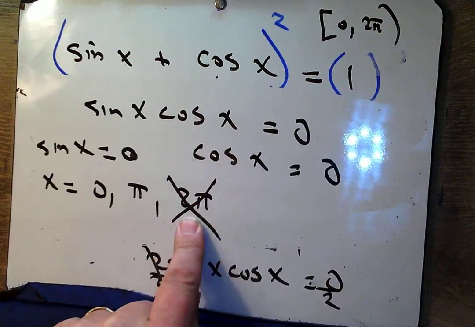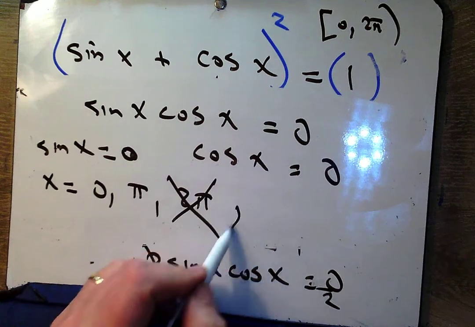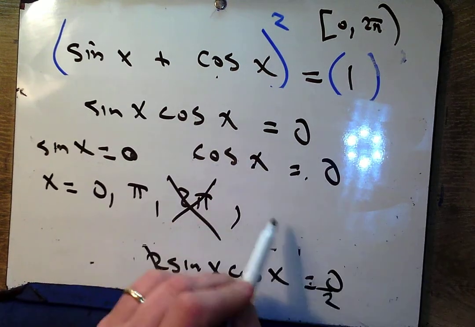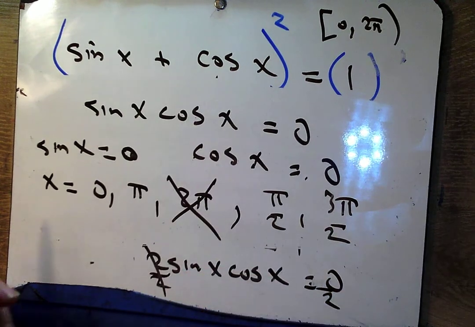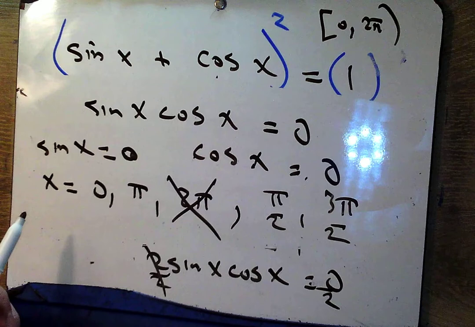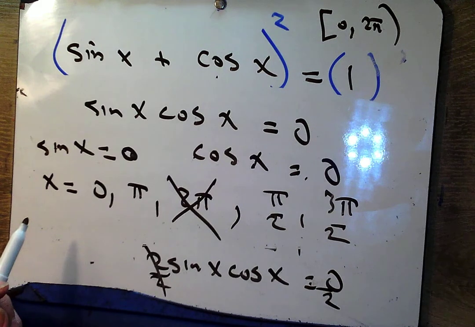If you write that 2 pi, we have to mark it wrong. Cosine is 0. Pi over 2, 3 pi over 2. And there are 4 solutions to this.